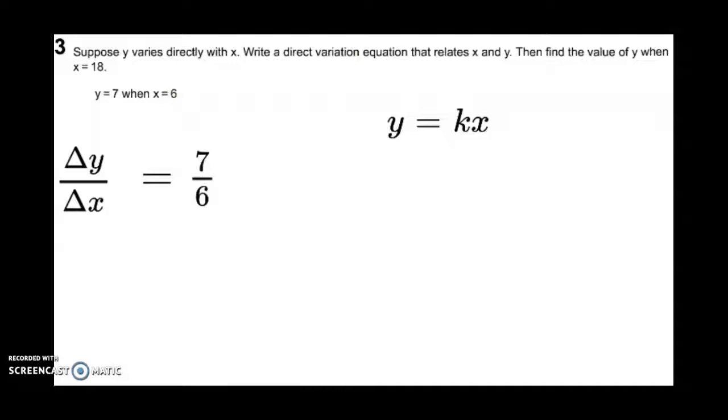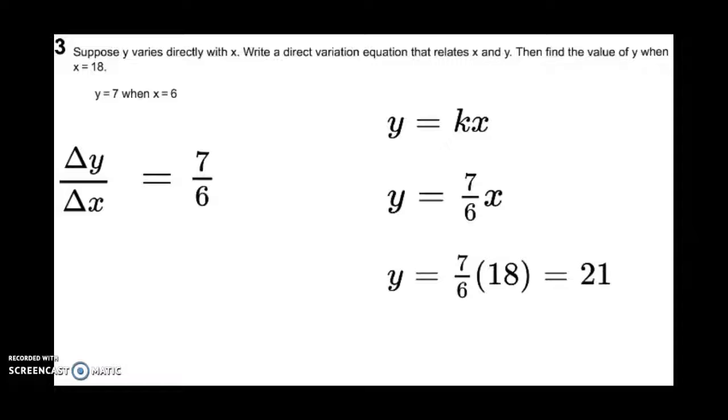Now the equation for direct variation is y equals kx. K is the rate of change, so replace that with 7 over 6. We have y equals 7 over 6x as our equation. Finding the value of y when x equals 18, multiply 7 over 6 by 18, and we'll get 21.